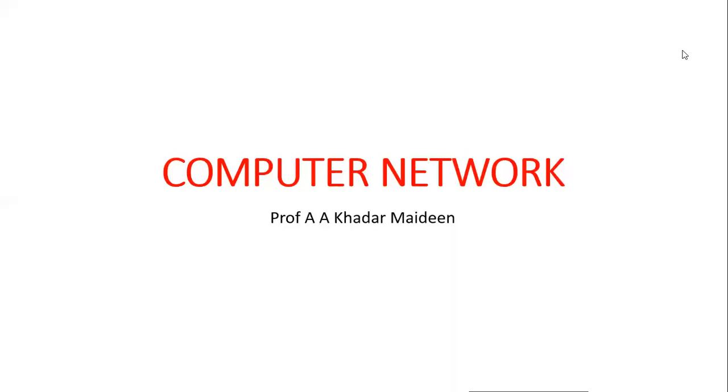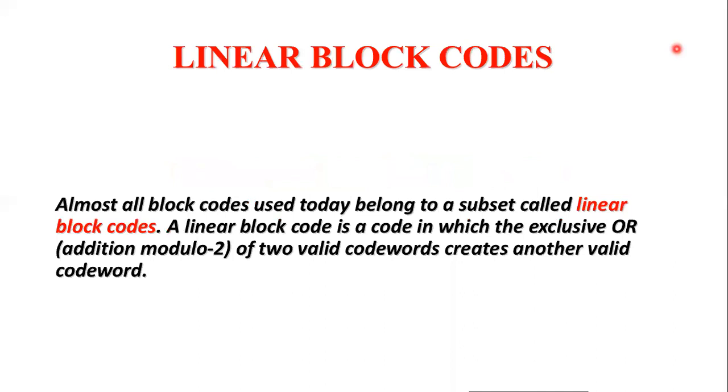Good morning, students. So this class, I am going to discuss the linear block code. All the block codes used today belong to a subset called the linear block code.